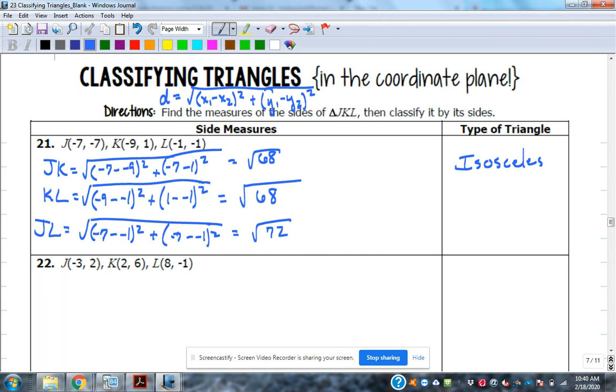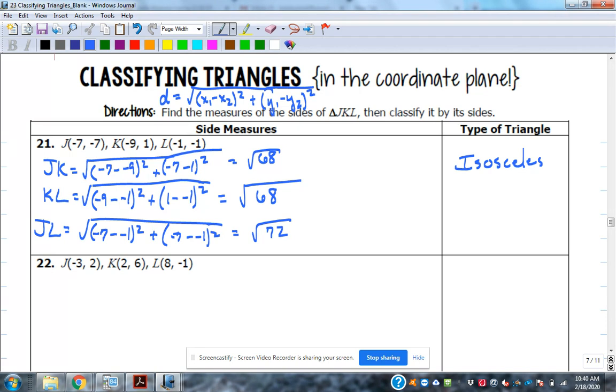So we're classifying by sides. Two sides congruent, isosceles. All three sides congruent, it's equilateral. If none of the sides are the same, scalene. Those are the three options. All it takes is doing distance formula.